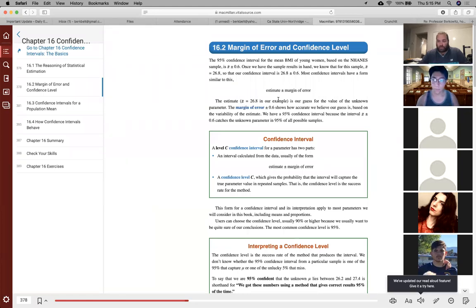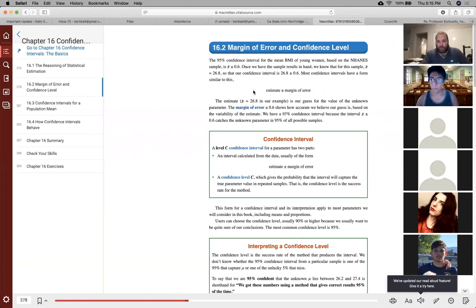The estimate, that's just going to be your sample mean. When you take your sample and you get 5'8", 26 pounds, 27 years, whatever it is that you're measuring, your sample mean is your estimate.